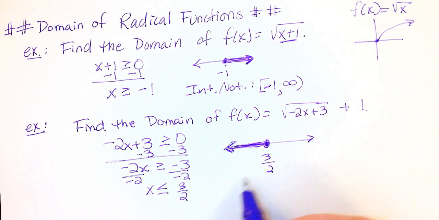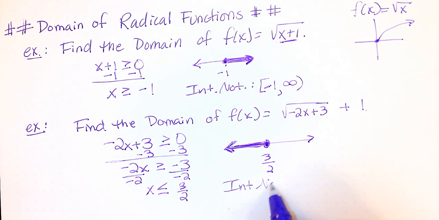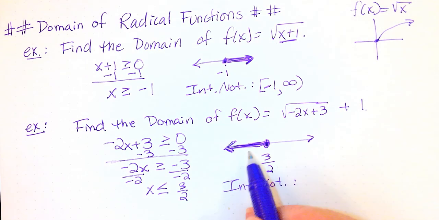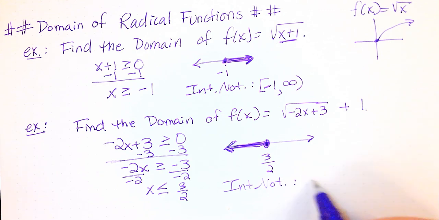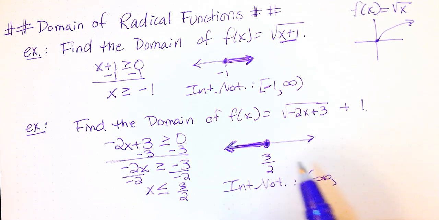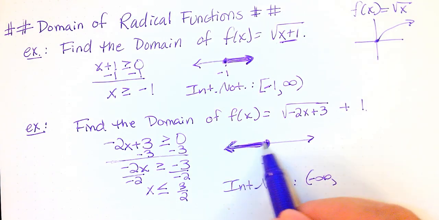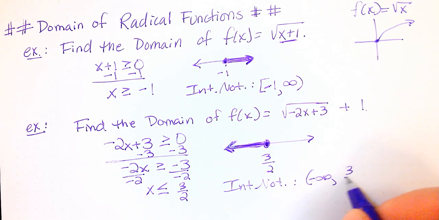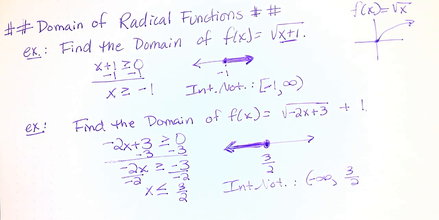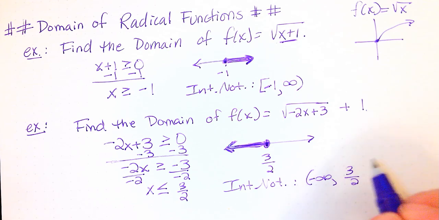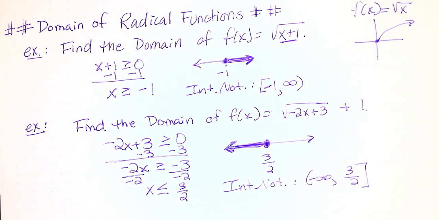All right, now how do we do interval notation? We're going to the left, so that's going to be negative infinity. And then we're going all the way up to 3/2. And then we're going to have a bracket.